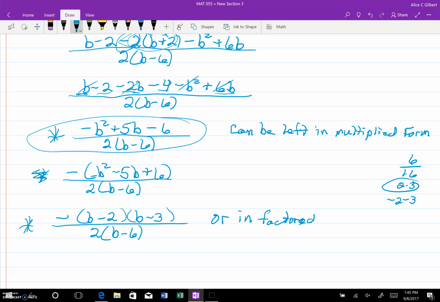But the denominator must always be in factored form.